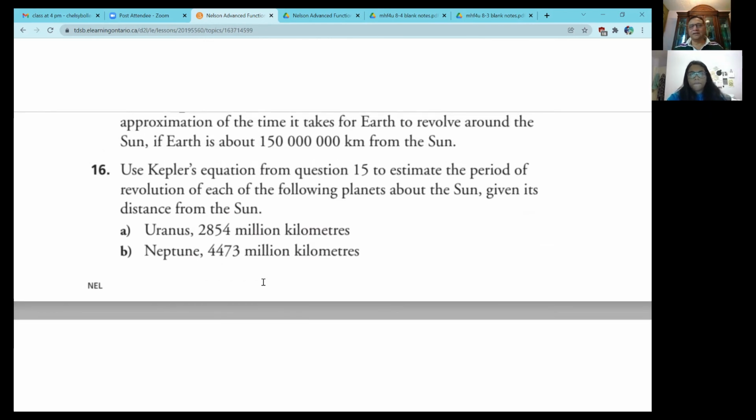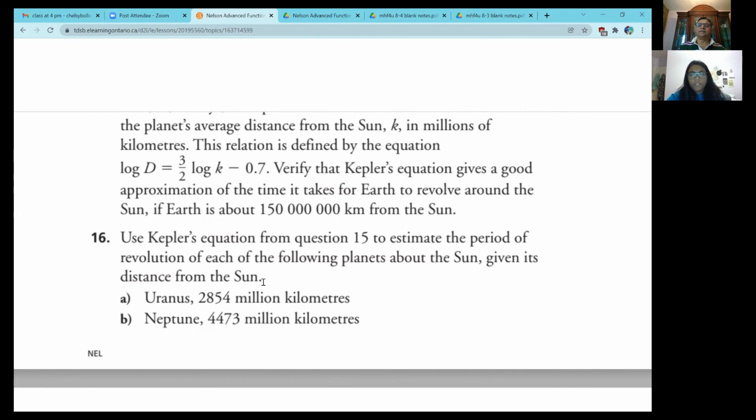So you plug it in, get the value, then 10 to the power of that will be the number of days. Is that clear? Yeah, for example, question part A, 2,854 is the k value. Correct. So you get that, and then you do base 10 to the power of that, and then you get the answer.